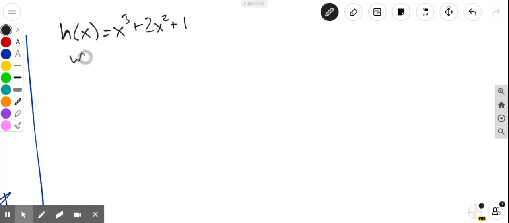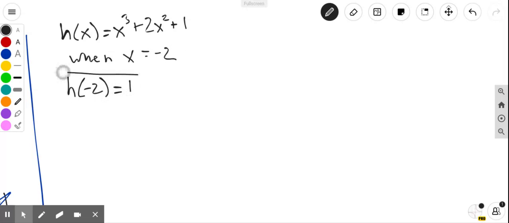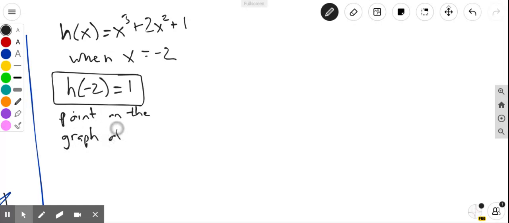We're trying to figure out when x is equal to negative 2. And we previously calculated that h of negative 2 is equal to 1. That's the point on the graph of h of x.